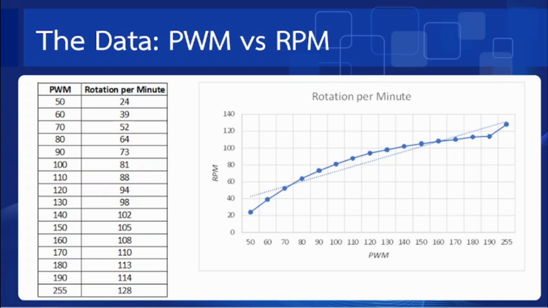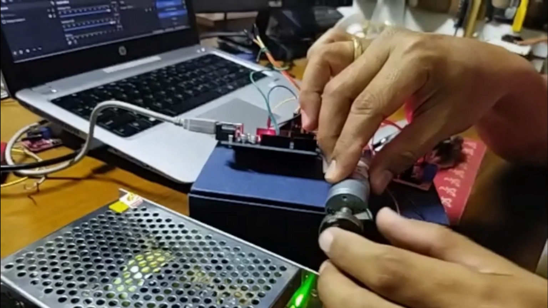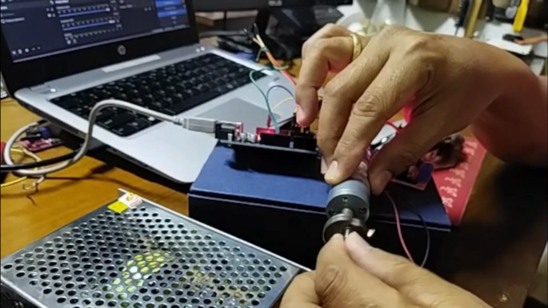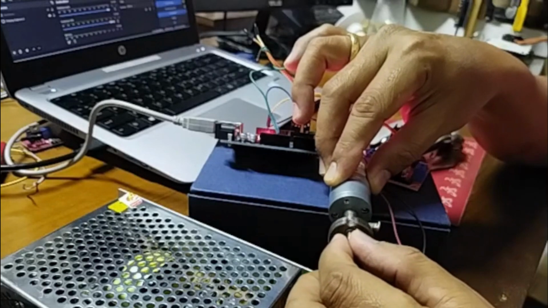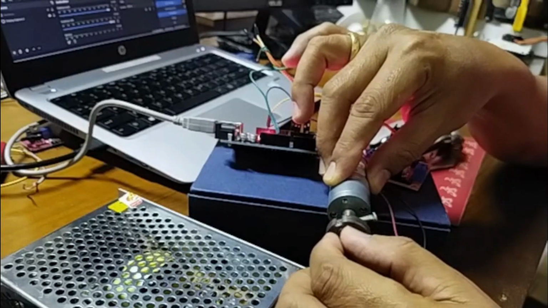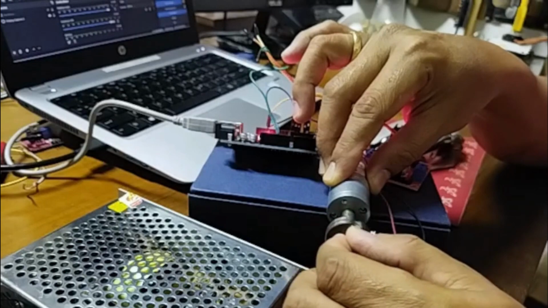So if we put a load on the motor, then the motor will rotate slower, or it may even stop because this is open loop control. So if we put a load here, then the motor will stop running, or the number of rotations will decrease.